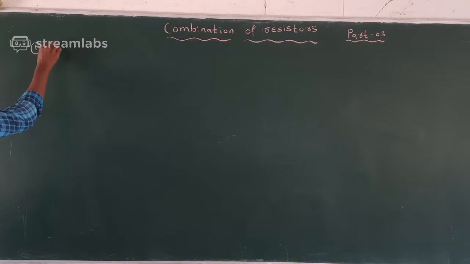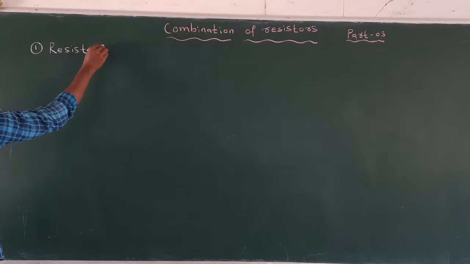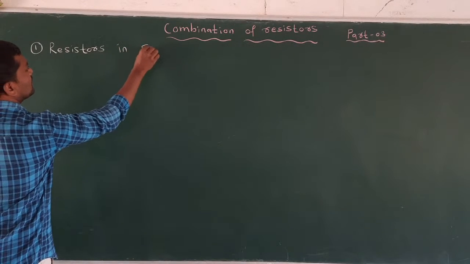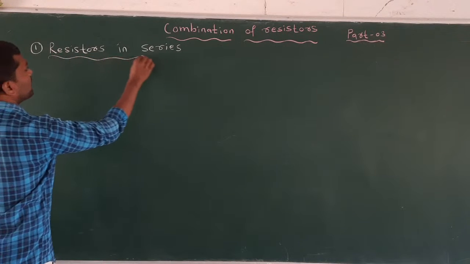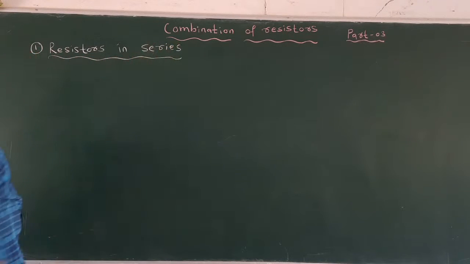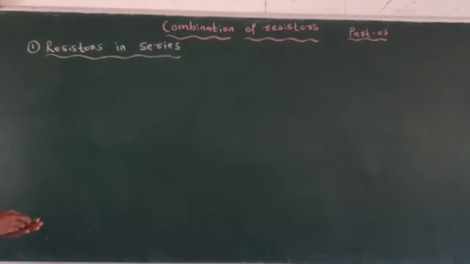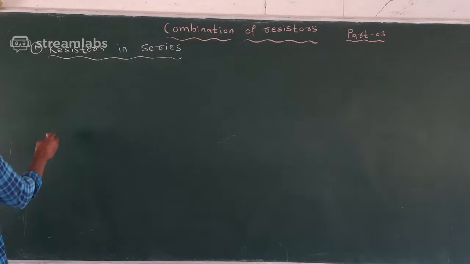First, resistors in series combination. When we are connecting in series combination as well as in parallel combination, suppose we take three resistors. The three resistors are represented by R1, R2, R3.